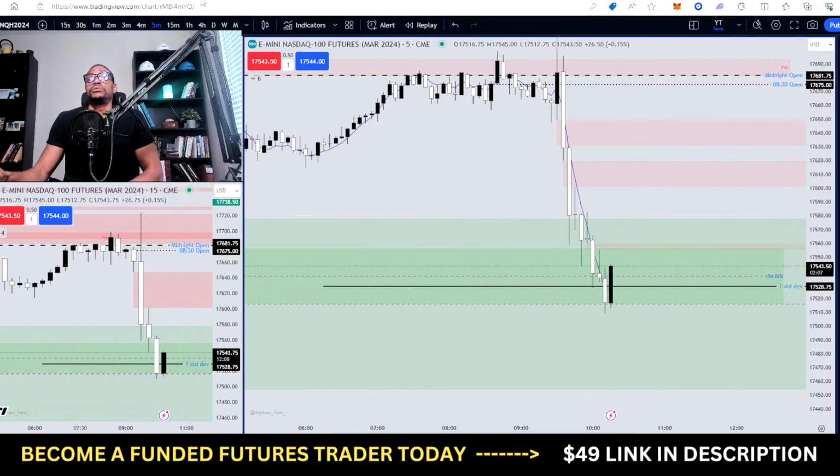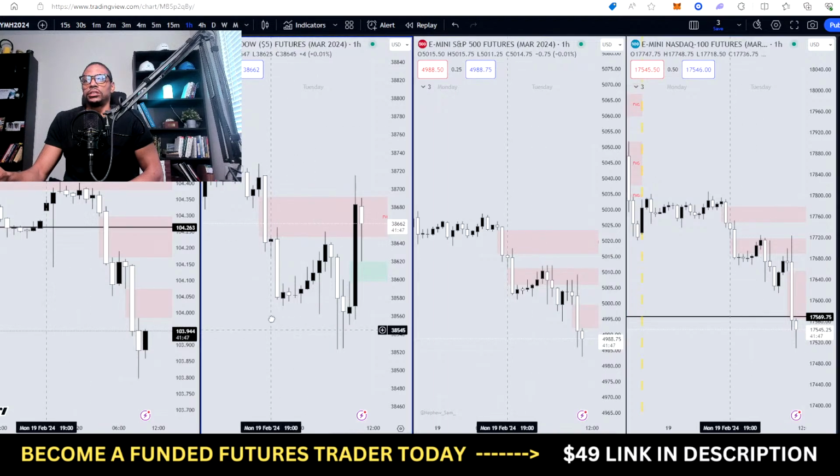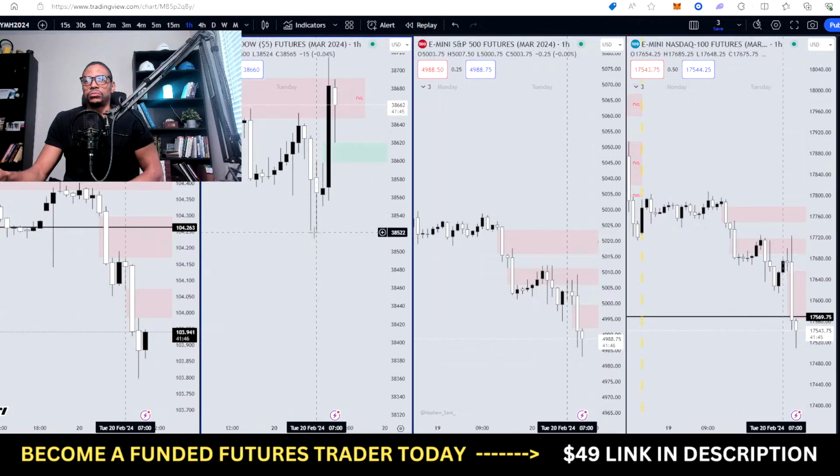What is the Dow aiming for? As the Dow starts pushing lower, it's going to aim for these two wicks here with the same value down here at 38,524.